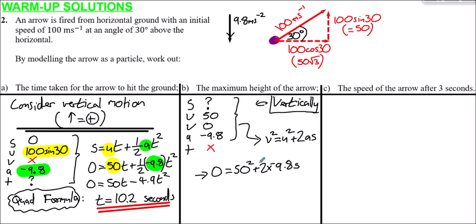If we move ahead and simplify this, we've got 0 is going to be 2,500 minus 2 times 9.8, that's 19.6, times s. So therefore, hopefully you can see that s is going to be 2,500 divided by 19.6.